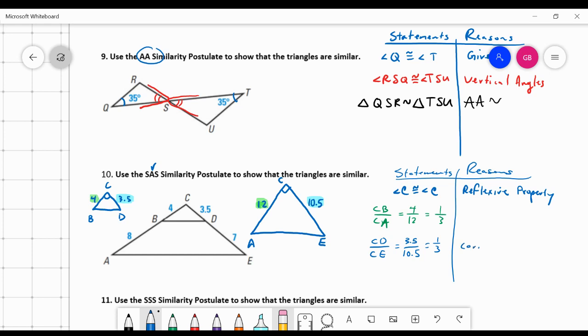So this equals your corresponding. So we could see that the sides are proportional because they're equal to the same fraction. So now we could say that the triangles are similar. So triangle CBD is similar to triangle CAE by the side angle side similarity postulate.